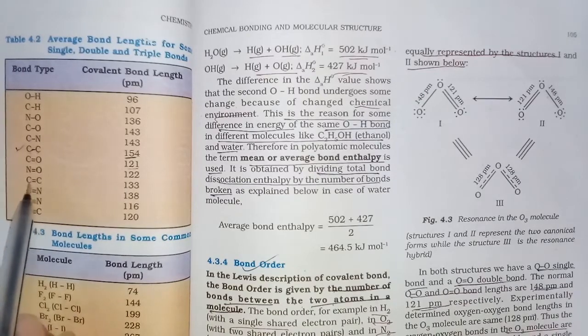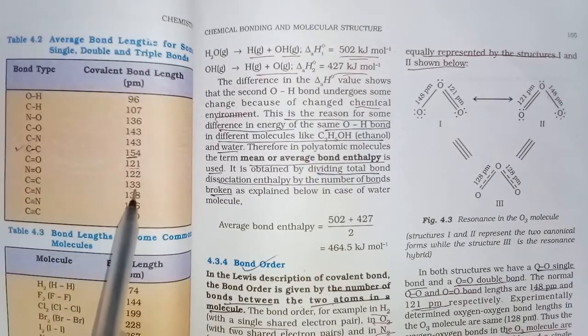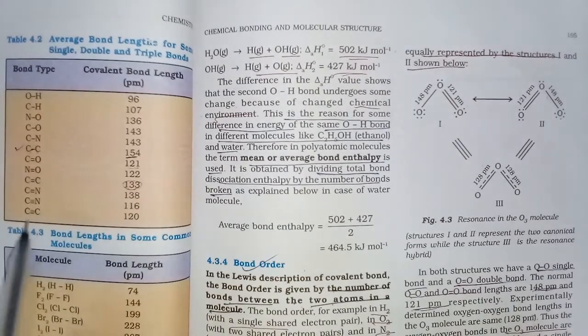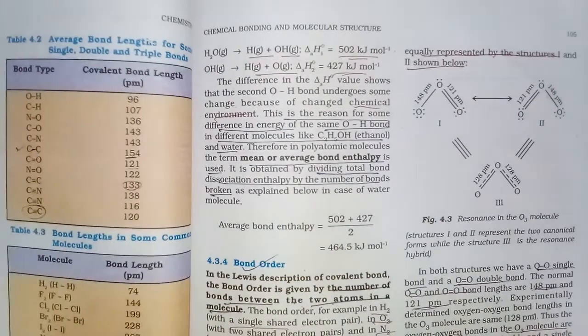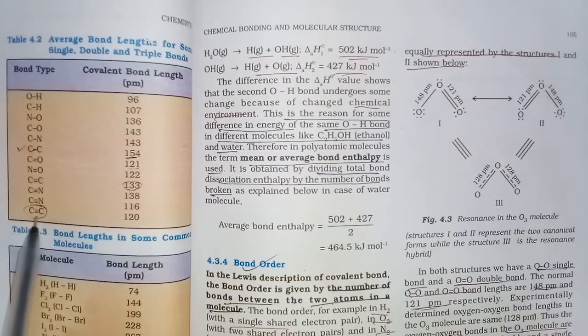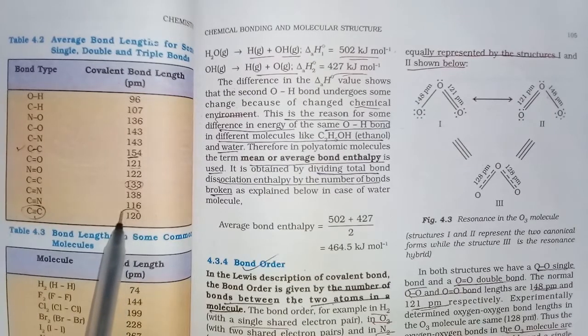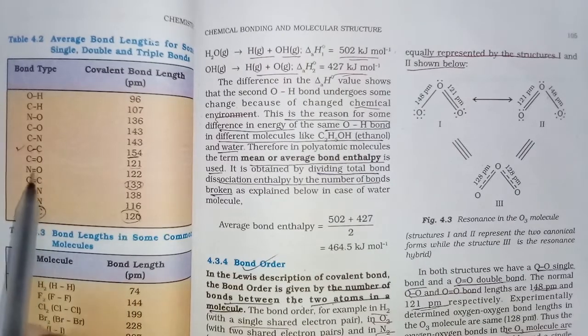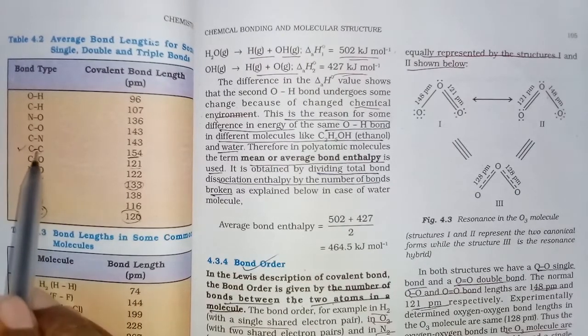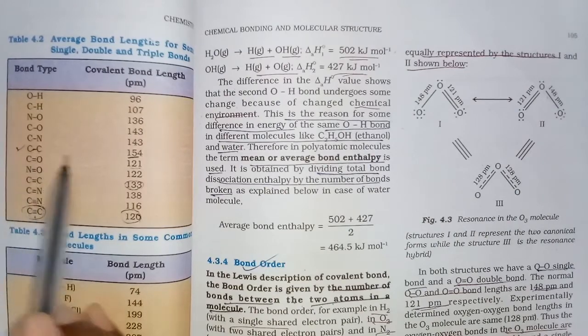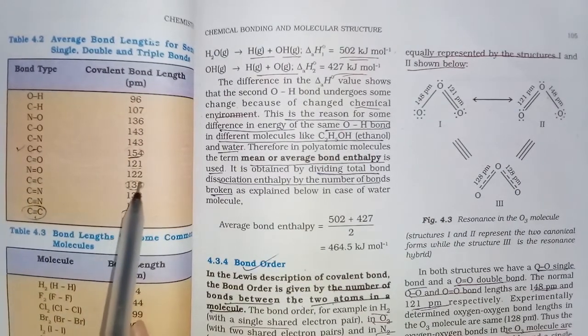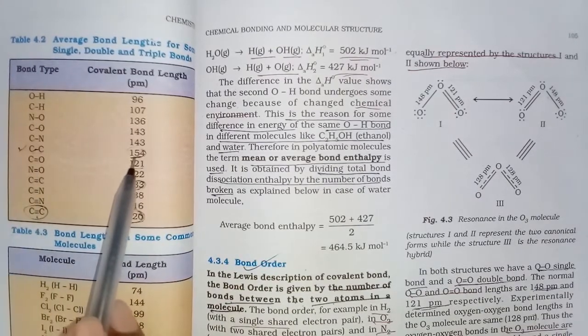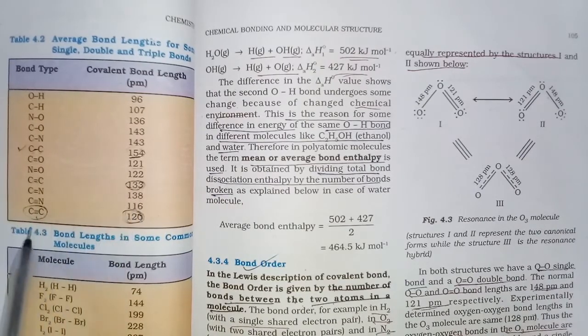So basically, as the number of bonds increases, the bond length decreases. For single bond 154 picometer, for double bond 133 and triple bond 120.